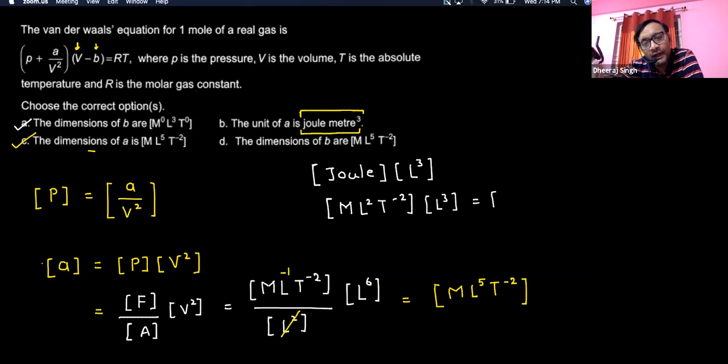So you can see that Joule meter cube also has the same dimension. So even B is correct. This is how you get tricked. If you're in a hurry, you will not check for B.